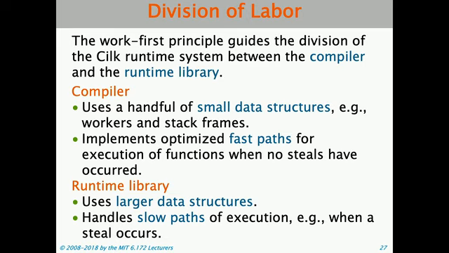The runtime system library handles issues with the parallel execution. It uses larger data structures that maintain parallel running time state, and it handles slower paths of execution, in particular when steals actually occur. So those are all the considerations.